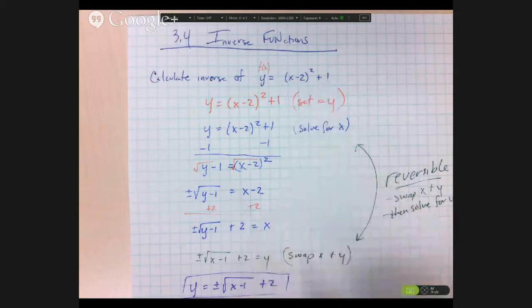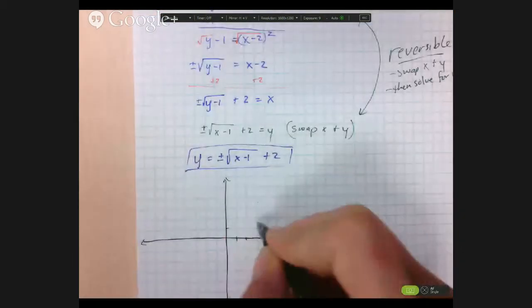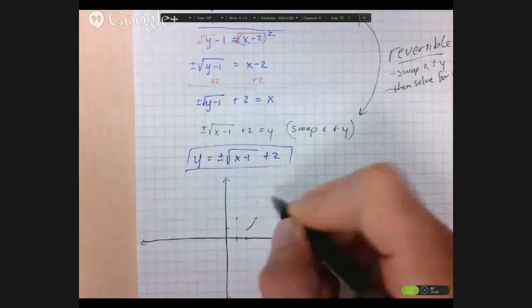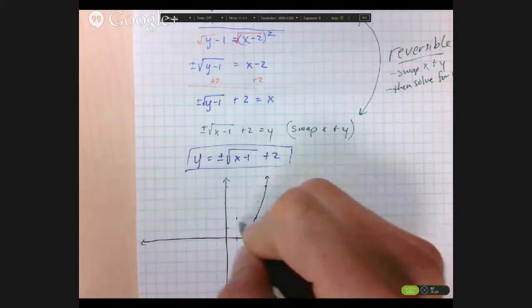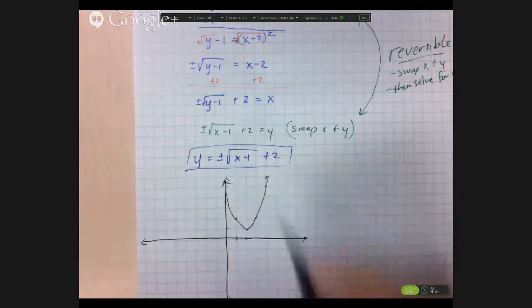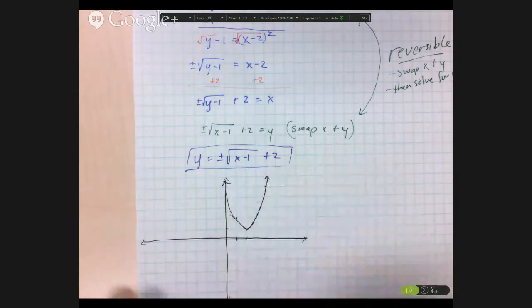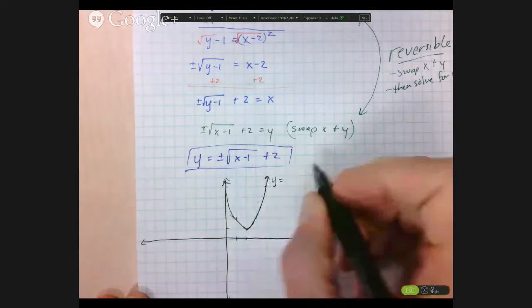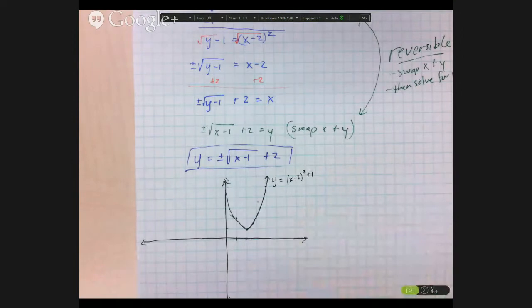So right 2, up 1. Okay. Always good to put the equation with it. This is where colors come in handy.